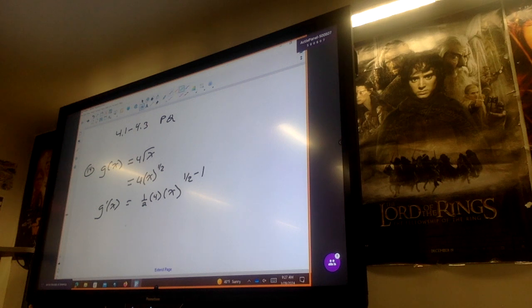So just clean it up a little bit. That's going to give me 2x to the negative 1/2 power, and you could leave it like that. In other classes, they might have you actually take it back to this or to this. But this answer for this class is fine.